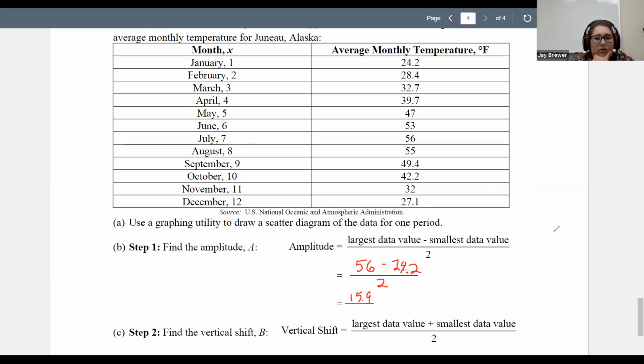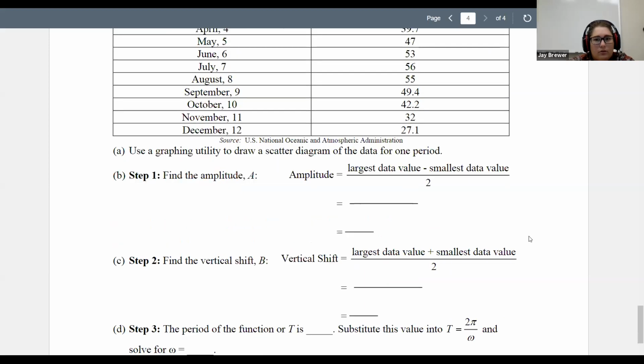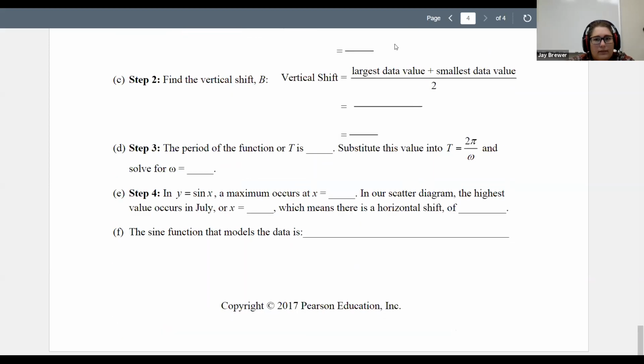The next thing we're going to find is our vertical shift. And I'm going to have to delete what I've done because when we go to move, it will go away. So the next thing we're going to do is our vertical shift. And I believe that was, what color did I make that?